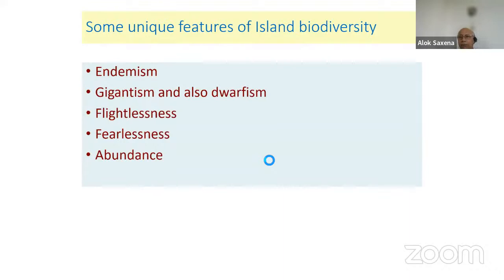Now these are some unique features of island biodiversity. One is endemism. I think all of you must know about endemism. A particular species remaining confined to a particular place is called endemic.